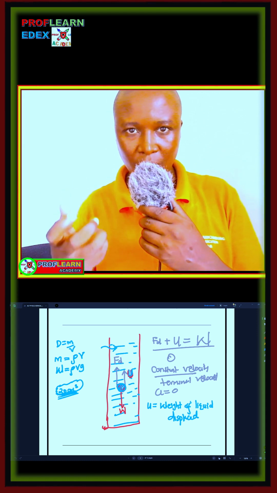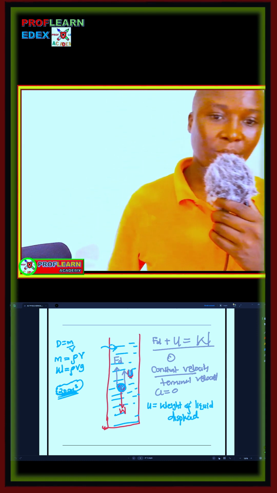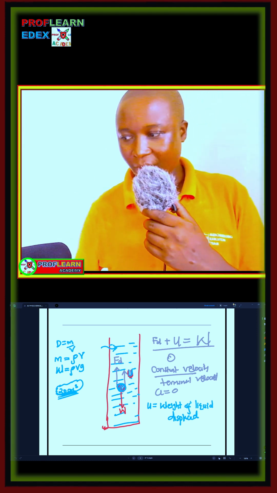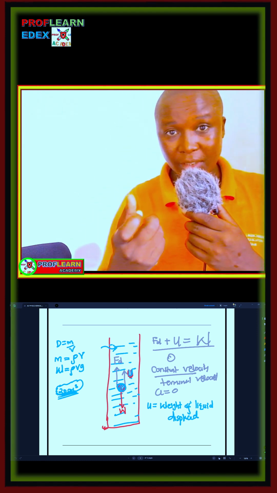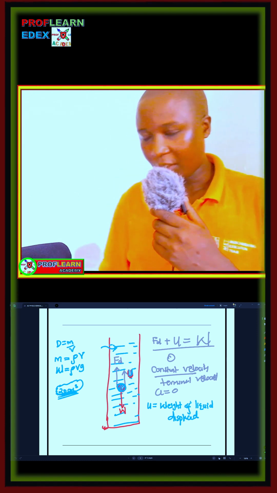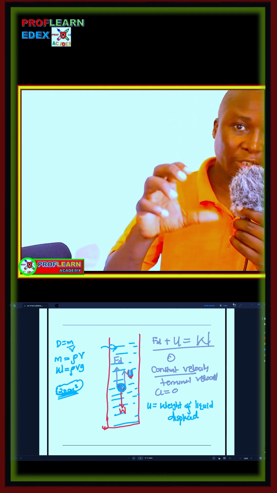The amount of water it displaces is equivalent to the volume of the object. So if you know the weight of the liquid displaced, that will be equivalent to the upthrust force the object is going to experience.